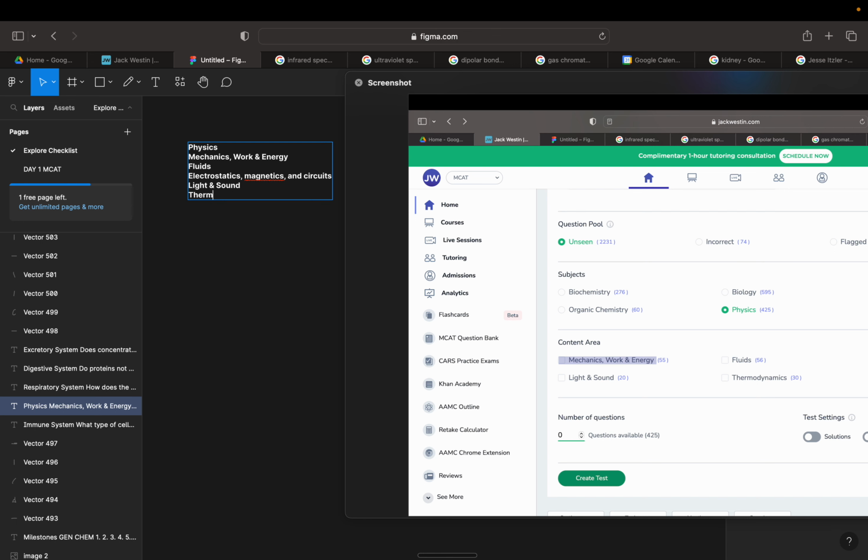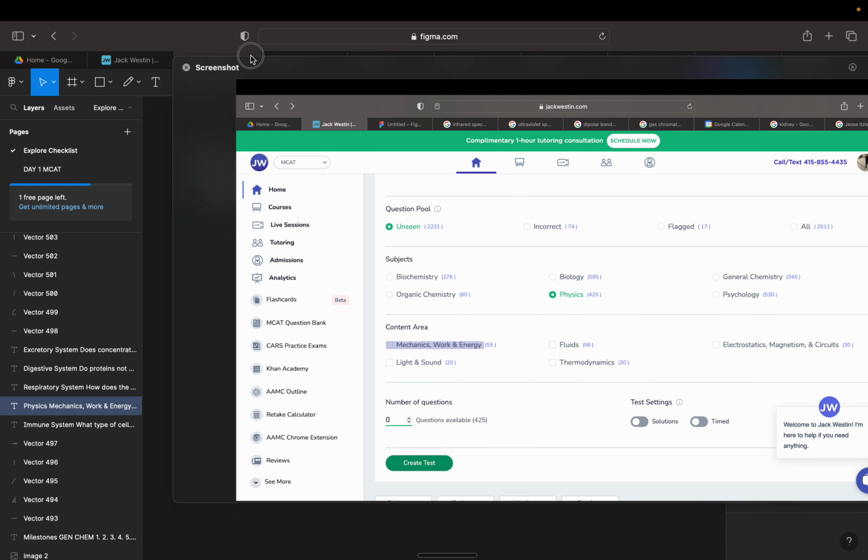Then we have thermodynamics. Cool. So these are our main content areas. I've done some studying for the mechanics, I remember, work and energy, but we can now get rid of this.